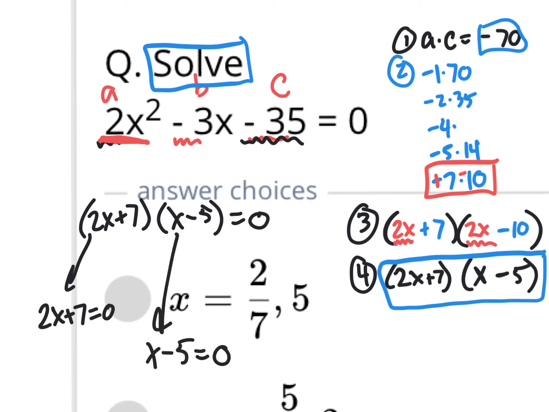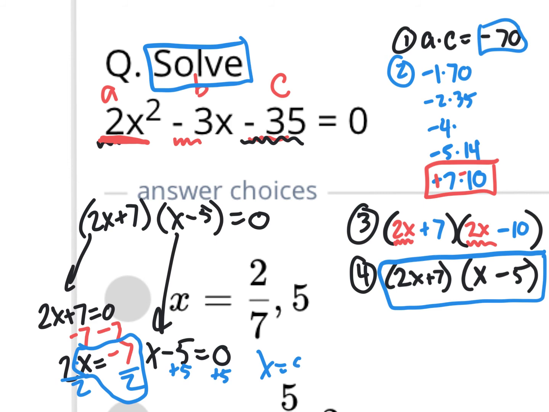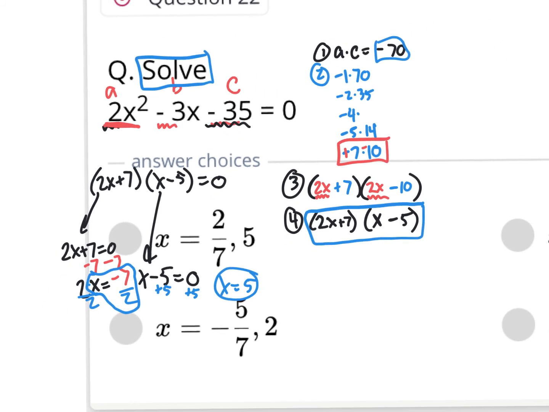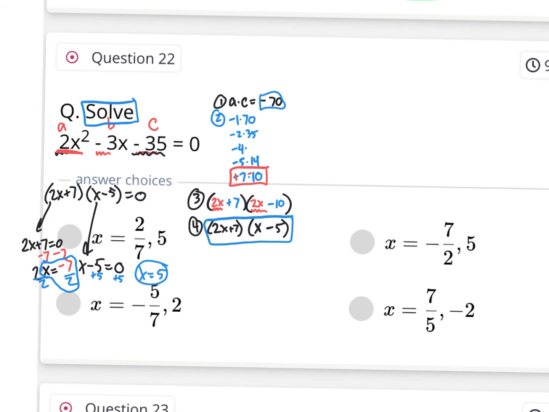And if you solve both of those, minus 7, you'll have 2x equaling negative 7. Finally, divide by 2, and there's your answer. X equals negative 7 halves. And over here, plus 5, you get x equals 5. So our two answers are negative 7 halves and 5, which is over here.